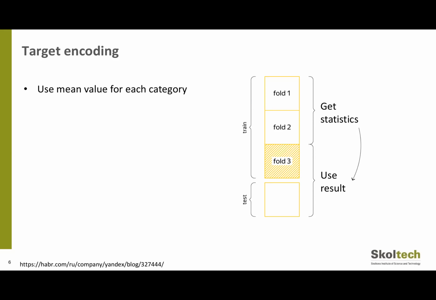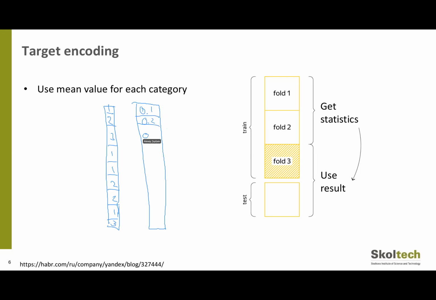We have a categorical feature like 0, 1, 2, 3, 0, 0, 1, 2, 2, 1, 3, and we have the value of the target variable. You can imagine this as a regression, so 0.1, 0.2, and so on. We want to have some encoding that's meaningful and allows some ordering for the features.